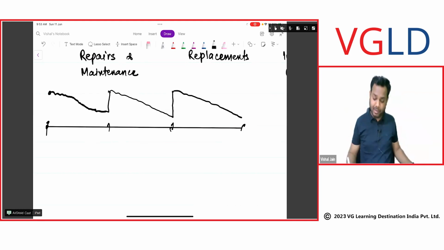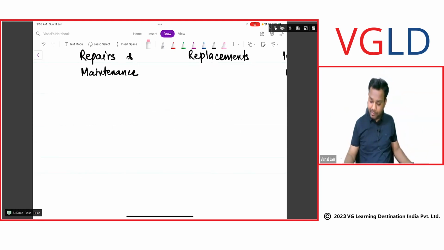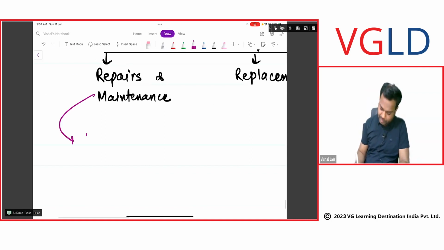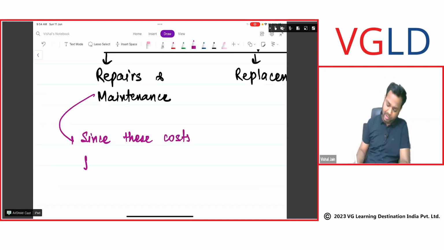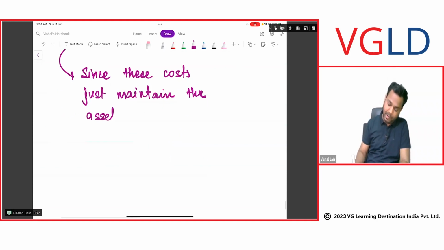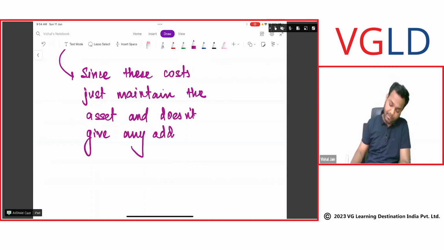Is that clear, everyone? Repairs and maintenance, since these costs just maintain the asset and don't give any additional future economic benefits, hence cannot be capitalized.